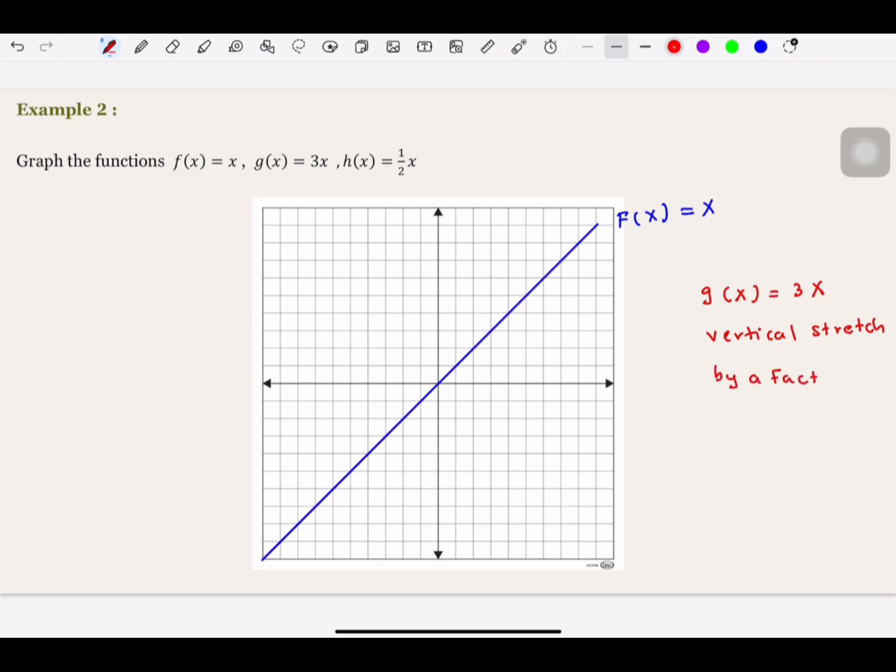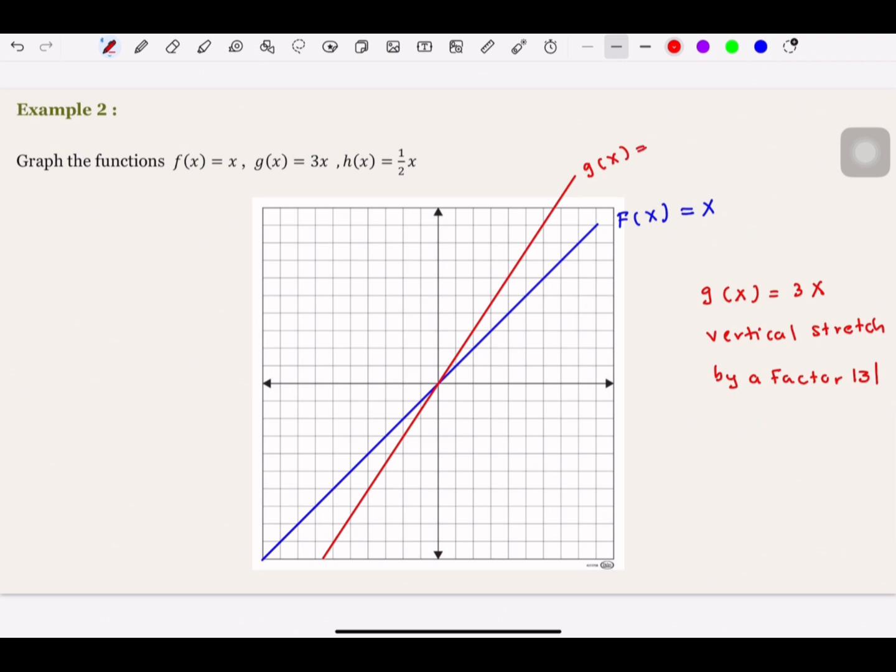That means the line still passes through the origin, but it rises much more steeply. The slope is now 3. The line will be something like this, passing through the origin but much steeper than f of x. This is your g of x, which is 3x.